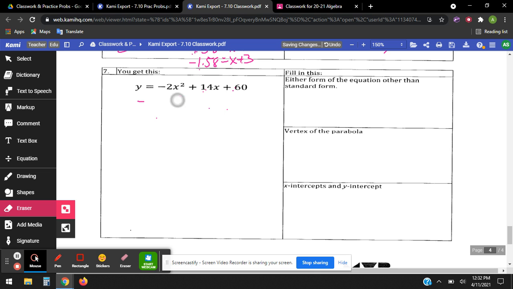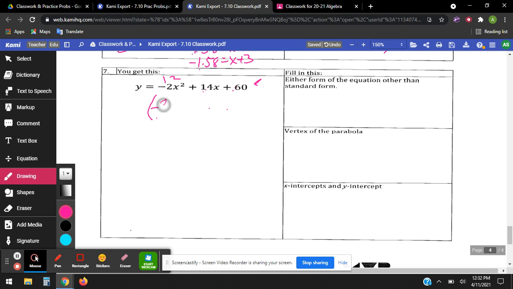Factored, we take that 2x into account, right? We know it's a 1 and a 2. But I know that one of them is going to be a negative 2x. Now, I probably shouldn't even put the negative in yet, because I don't know if it's going to be a negative 2x or a positive 2x and a negative x.